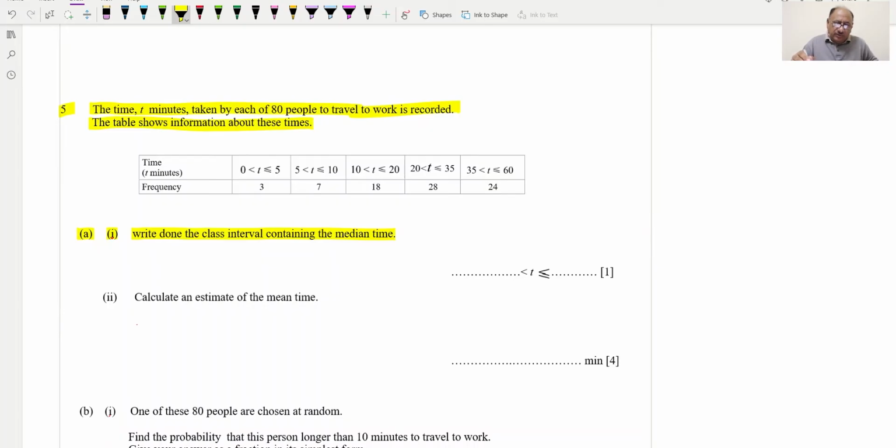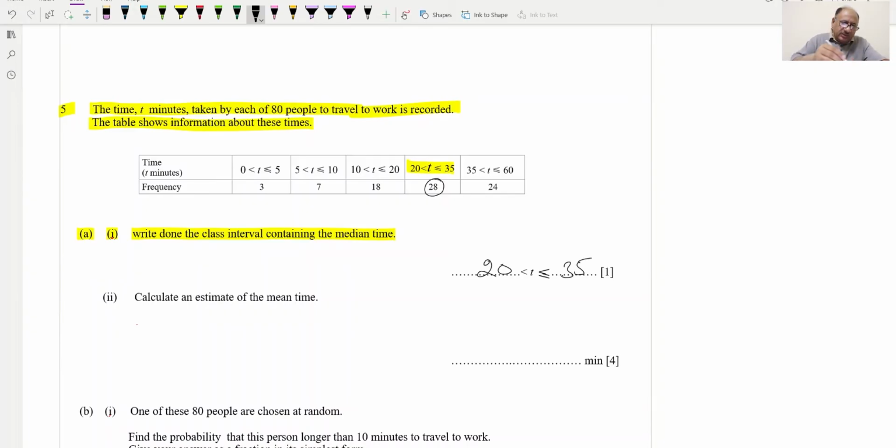For the median time, half of 80 is 40, so we can check that it will be in this class, which is greater than 20 and less than or equal to 35. This will be the class which we can write.